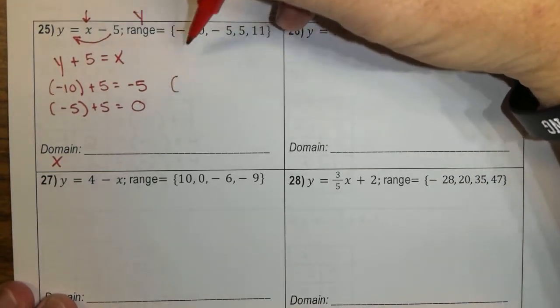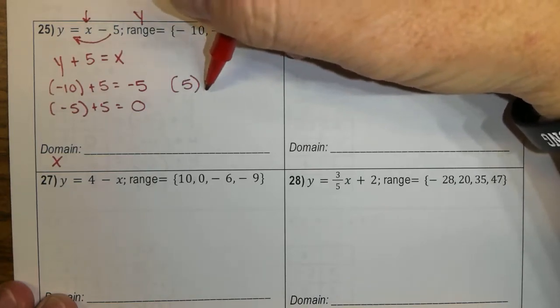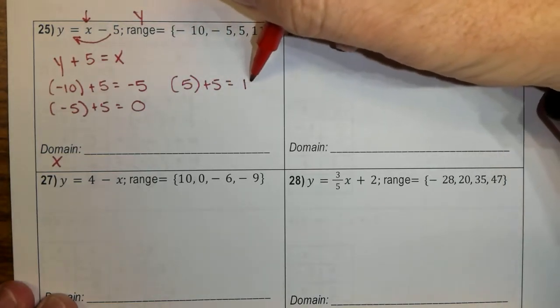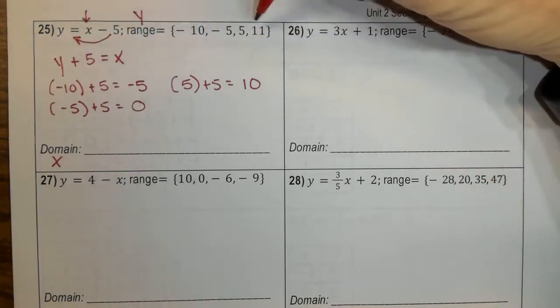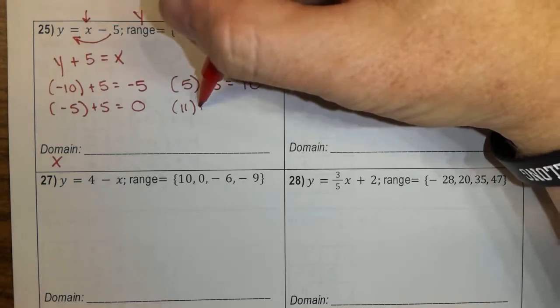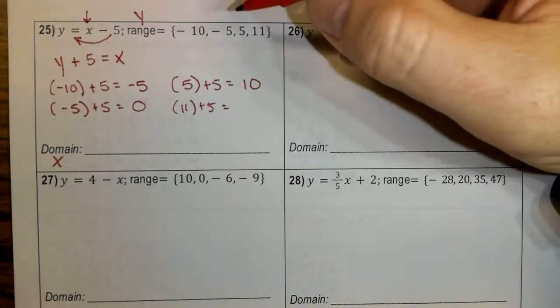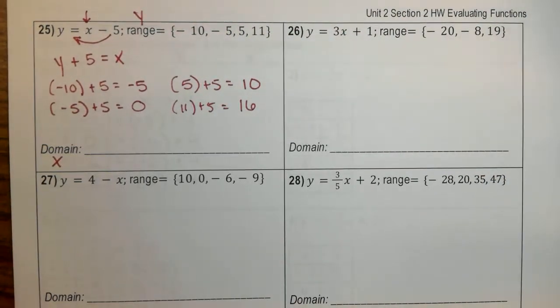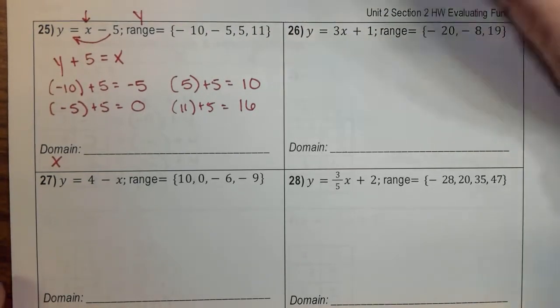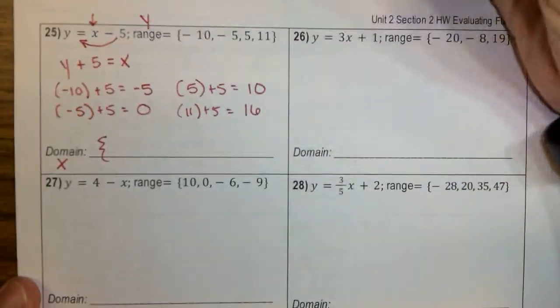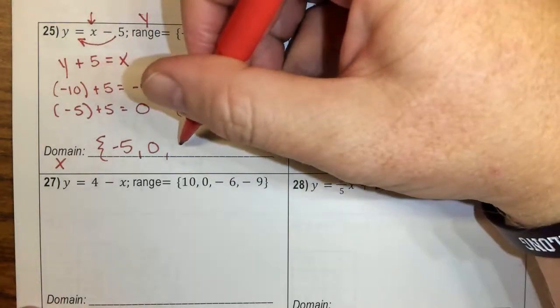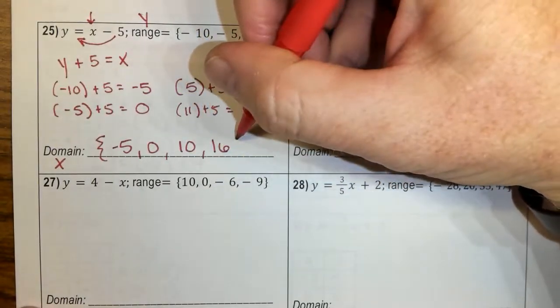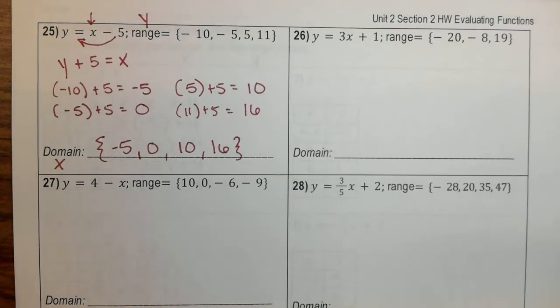Then I have, instead of y, 5 plus 5, that is 10, and instead of y I do 11, so I got 11 plus 5, and that gives me 16. So those are my 4 domain values, and so I'm going to go ahead and write it the formal way that you're supposed to write it. So I just write them all in my fancy looking brackets, and I'm done. There's my answer.